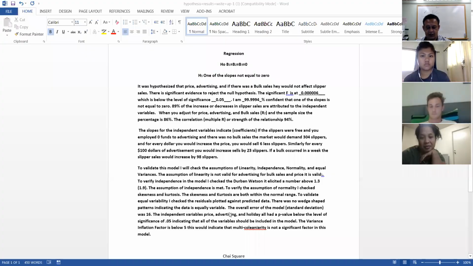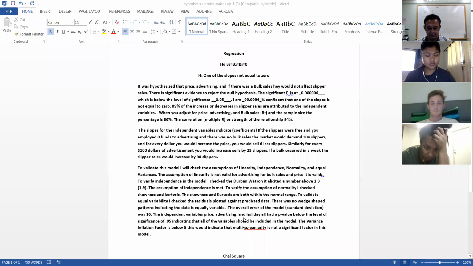So see right here, the overall error of the model, independent price and advertising. They did not all have p-values below the level of significance of 0.05. The one that did was bulk sales.